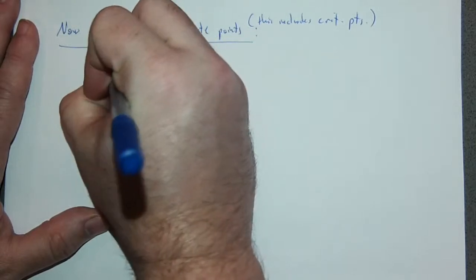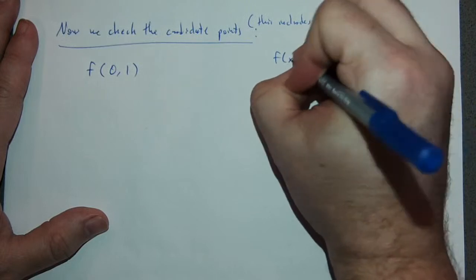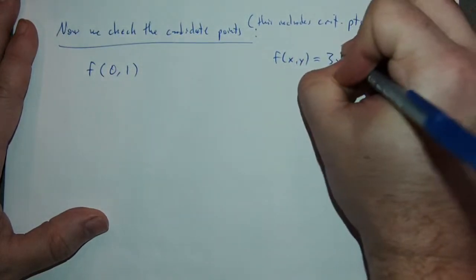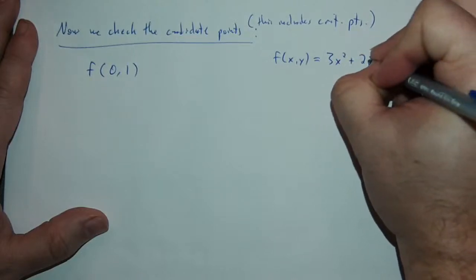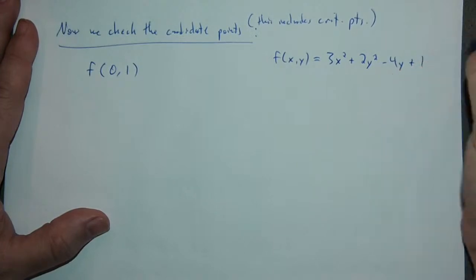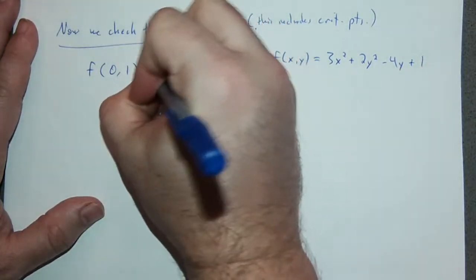So this is f of 0, 1. Maybe it's a good idea to write out my f again to have it here. So f is 3x squared plus 2y squared minus 4y plus 1. So f of 0, 1, what is that?